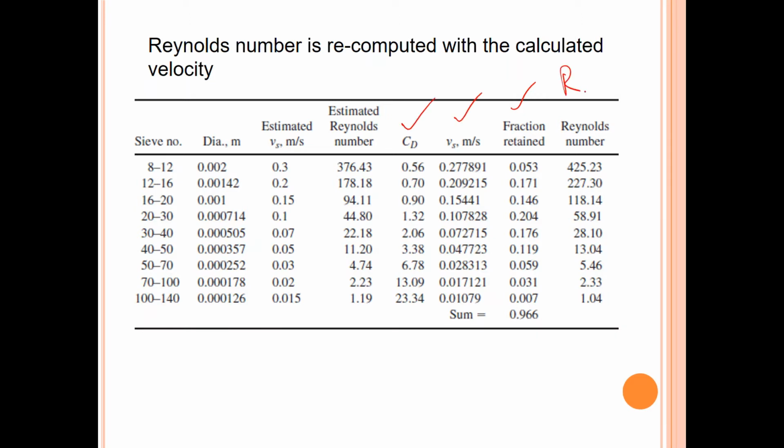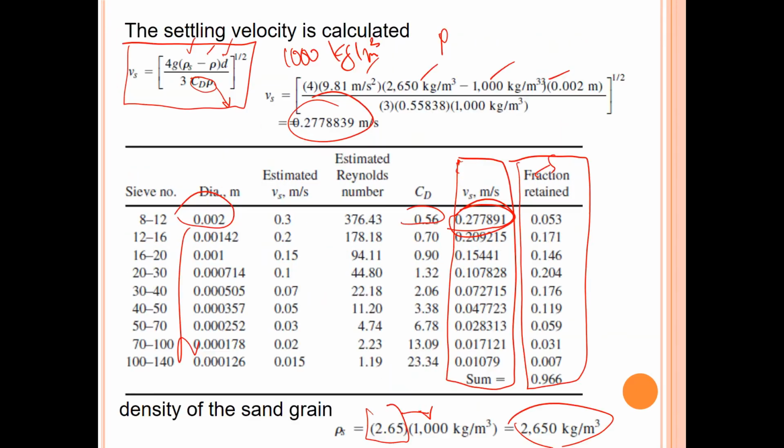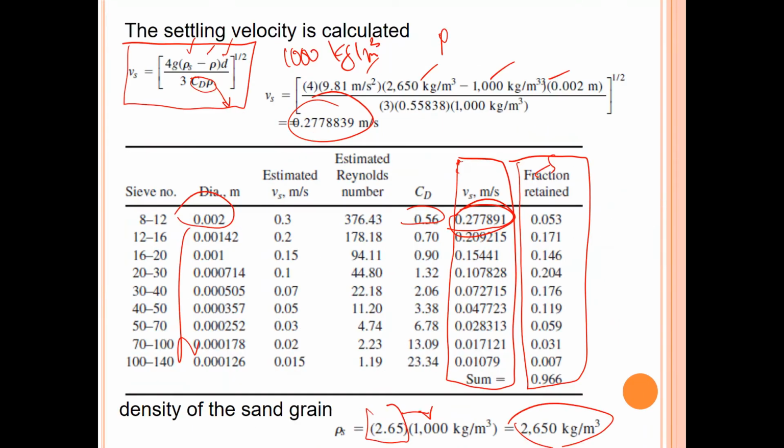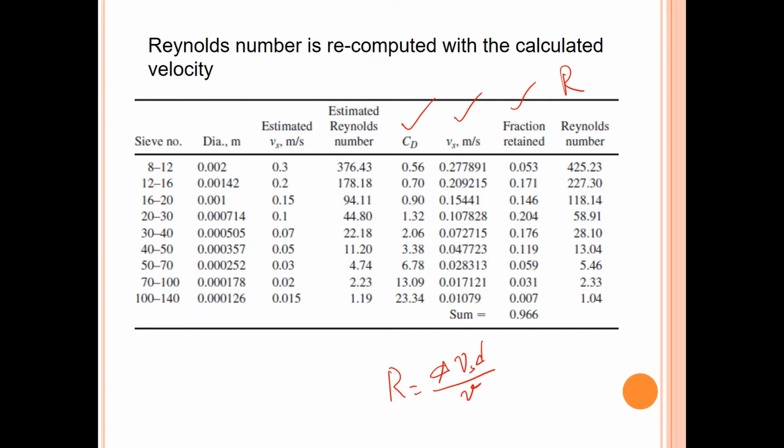Now we know the fraction retained, the particle settling velocity, and the drag coefficient. We can find the Reynolds number again using the same equation, phi d v d over the viscosity, given here. This time we use the newly calculated settling velocity.